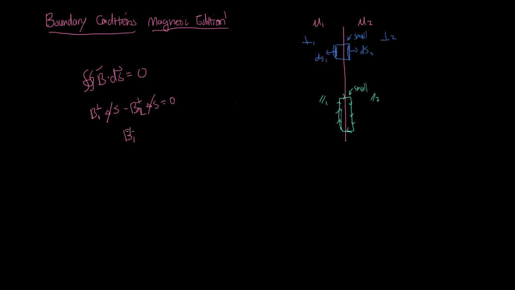We then have that the normal portion of the magnetic flux density is always going to be continuous across the interface. Or remember, we had the normal vector notation way of describing it. We can also write that n dot (B1 minus B2) is going to be equal to 0.